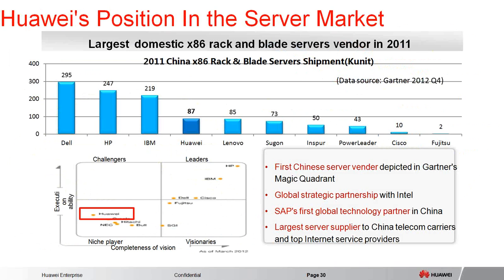Based on Gartner, we are the niche player, considered to be somebody to look for, and we're going to be challenging the major competition such as HP, Dell, IBM. Actually, when we go to the market, we always beat those three competitors in performance and price performance. So this chart gives you a perspective that Huawei is positioned very well, especially when it comes to our x86 rack and blade servers.